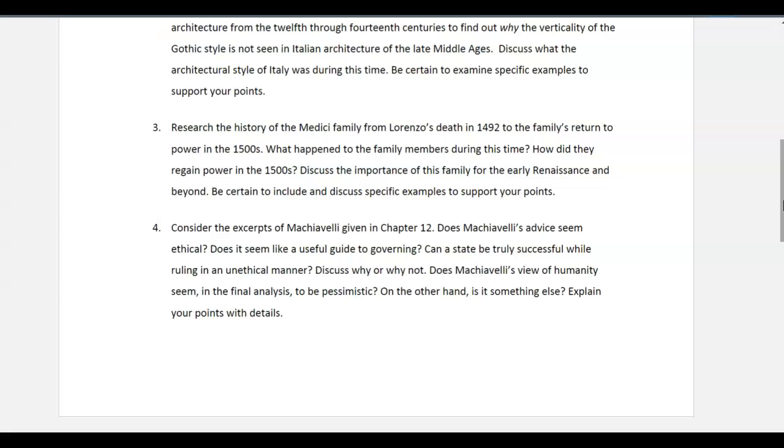You'll discover that they wind up marrying into royalty. There's really a key aspect. So talk about that aspect, talk about the importance of this family, what they were noted for, and also talk about some of the key individuals. So you're not going to talk about Cosimo or Lorenzo the Great, or Lorenzo the Magnificent as he was called, but you're going to talk about the other members after 1492.